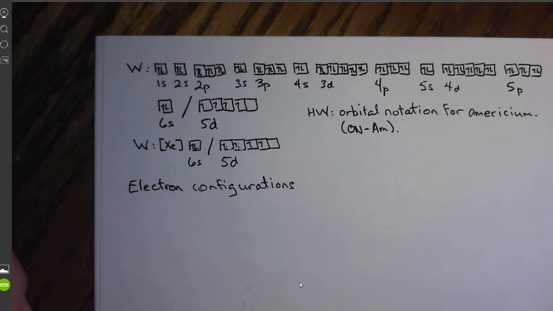Electron configurations can be thought of as a condensed form of orbital notation. Electron configurations don't give you as much information as orbital notation. So when you're writing electron configurations, you have to, for yourself, infer certain things.